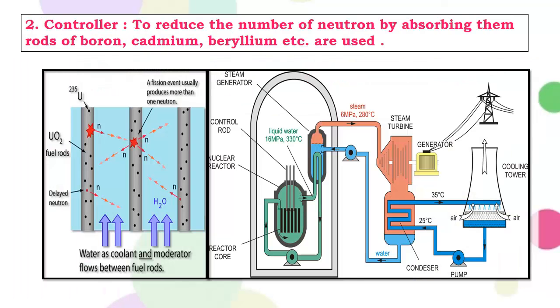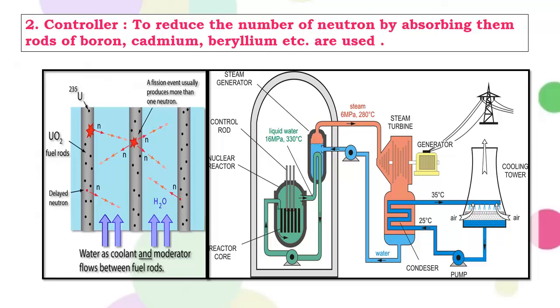Now what is the controller here? To reduce the number of neutrons, as I said, the moderator helps to slow down the speed, while controllers are there to reduce the number of neutrons. So we are using boron, cadmium and beryllium rods so that the number of neutrons is also under control.